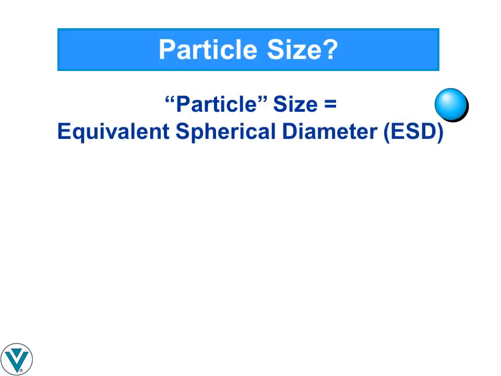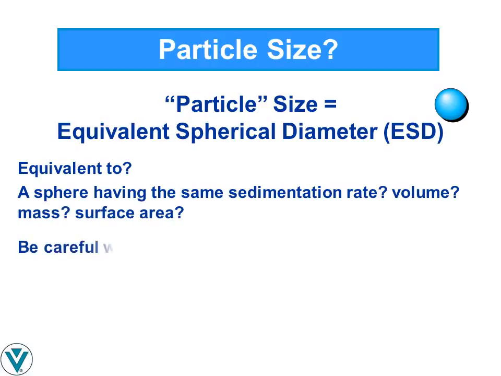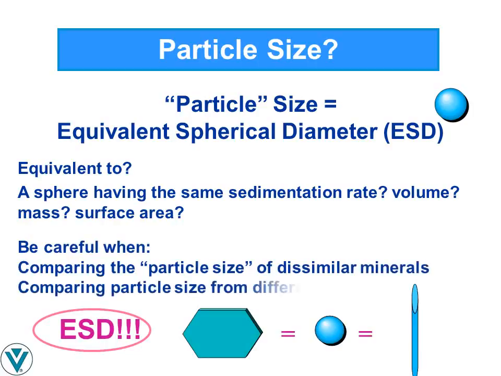Particle size analysis is also complicated by different methodologies that base their calculations of ESD on different physical properties. The equivalence may be to a sphere having the same sedimentation rate, or the same volume, or the same mass, or the same surface area, and each will provide a somewhat different value. Particle size analyzers designed on different principles of analysis therefore won't necessarily provide comparable results, even on the same sample.